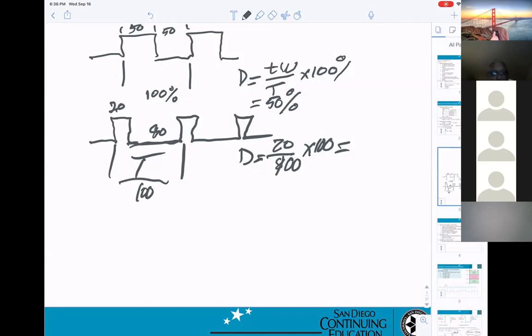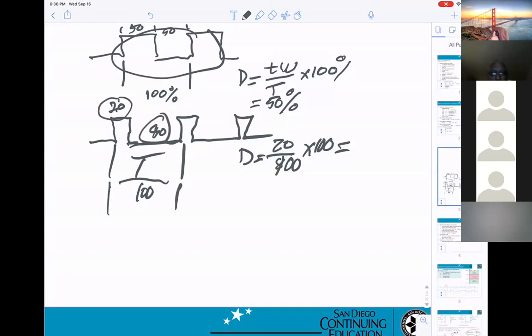They just want to know, I want the signal with 50% duty cycle. One cycle is 100% from here to here. If they give you 20, then this has to be 80.